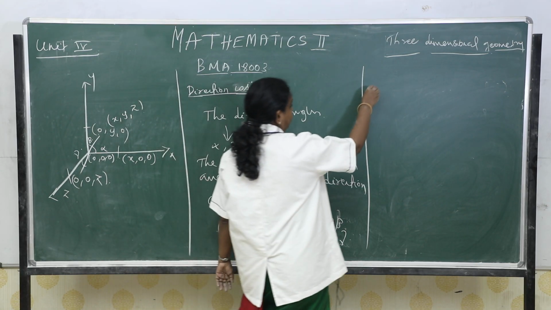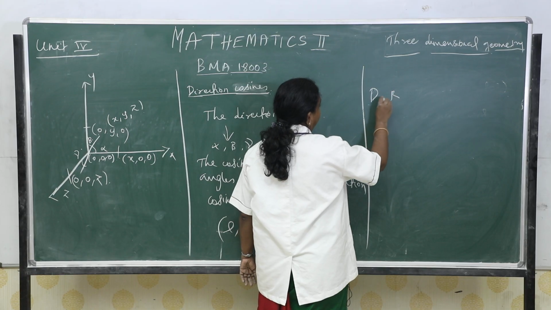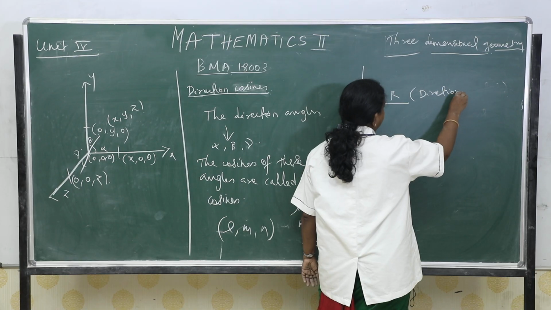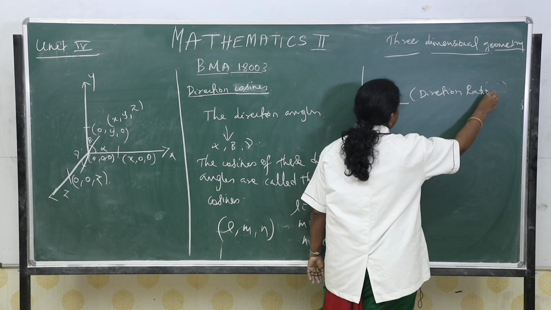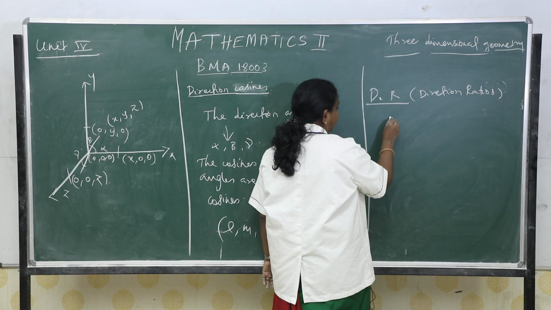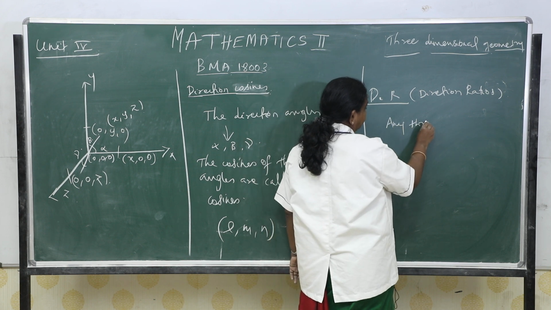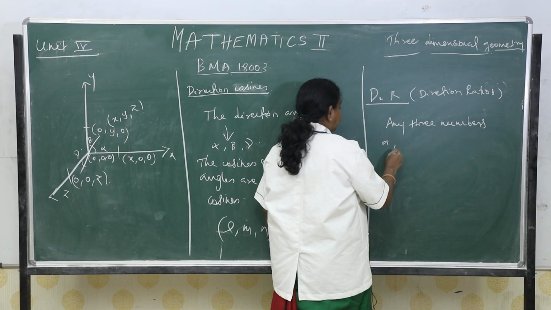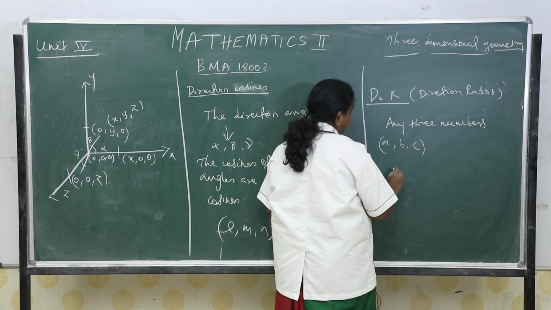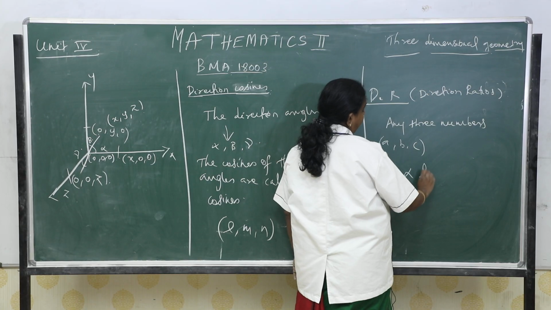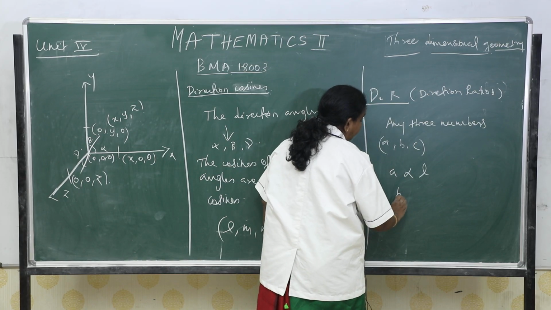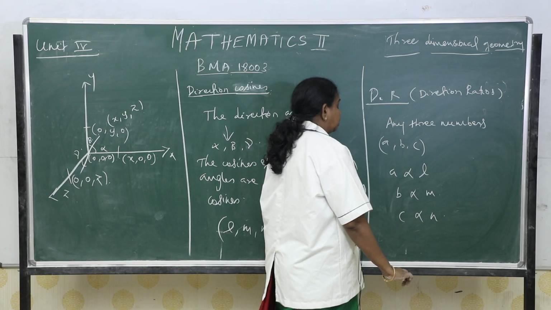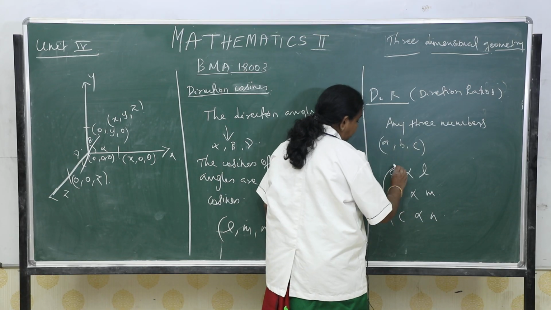Now we will take direction ratios. Any three numbers, let us take them as A, B, C, that are directly proportional to the direction cosines are called the direction ratios.